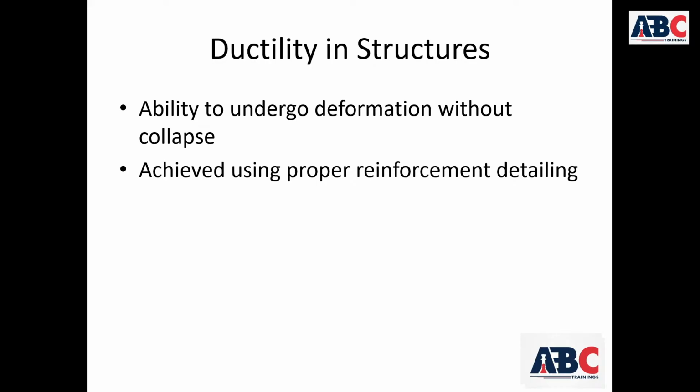That is ductile behavior. The glass plate breaks suddenly with very little deformation. That is brittle behavior. During earthquakes, we want our buildings to behave like plastic, not like glass.